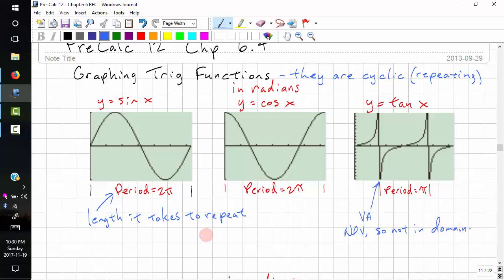And we can understand this if we look at the identity for tangent. Tangent is y/x, and that is sine theta over cos theta. And the NPVs are where cosine theta equals 0, because we can't divide by 0.